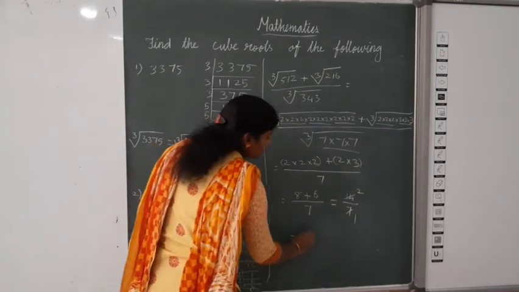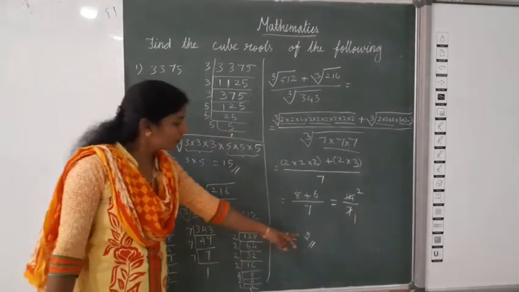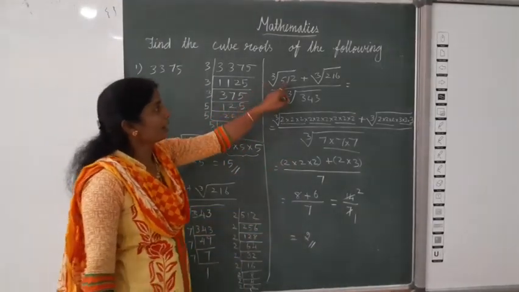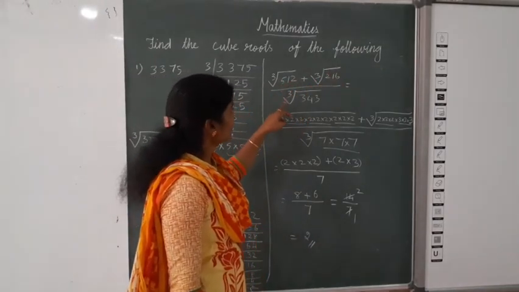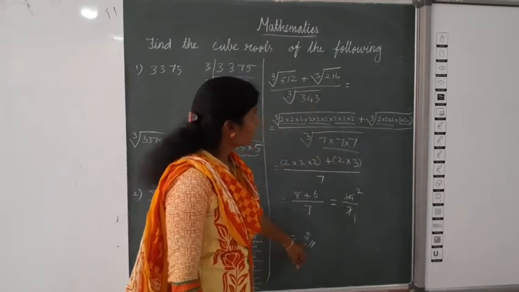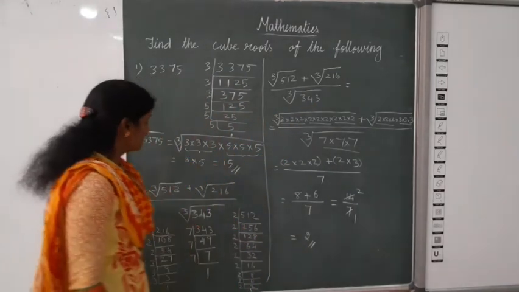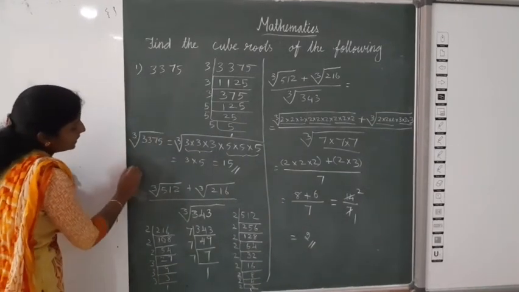So this answer is 2. Okay. What's the value of 2? This cube root of 512 plus cube root of 216 by cube root of 343 is equal to 2 is the answer.